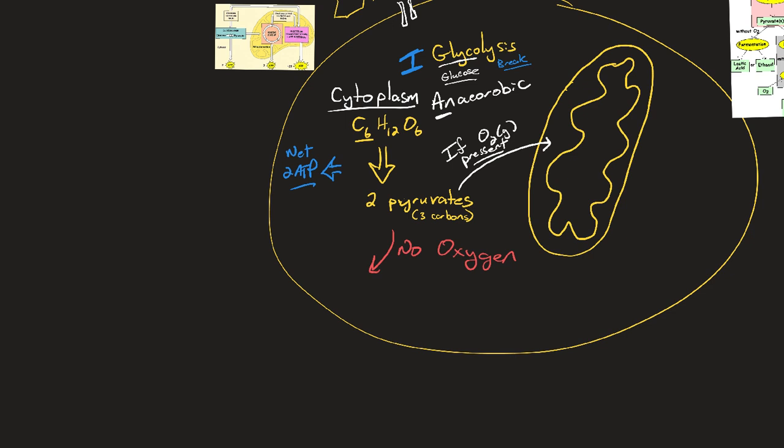Was there a lot of oxygen present in the early days? No, there was not. So since there wasn't a lot of oxygen present, doing glycolysis made sense because there wasn't any oxygen to be able to do this. Only later, when oxygen started showing up, did cells develop the ability, again through random mutations.